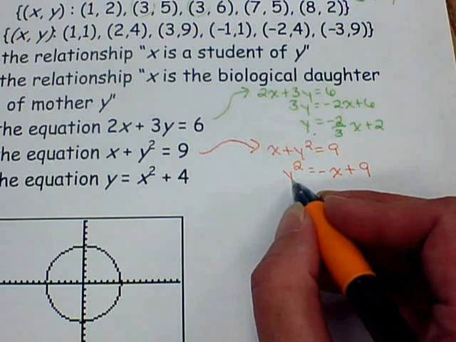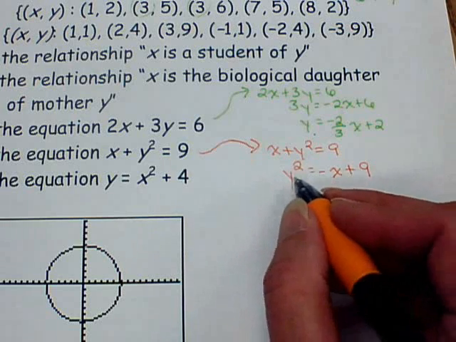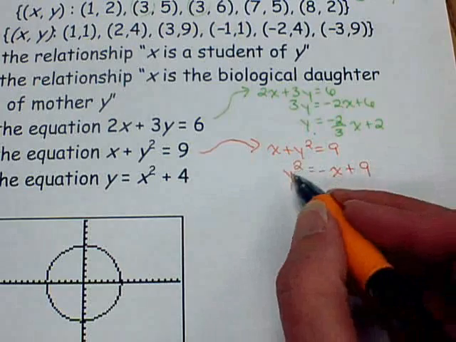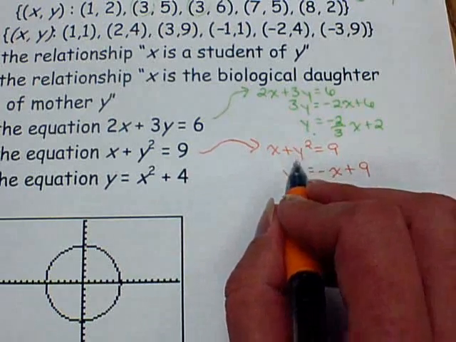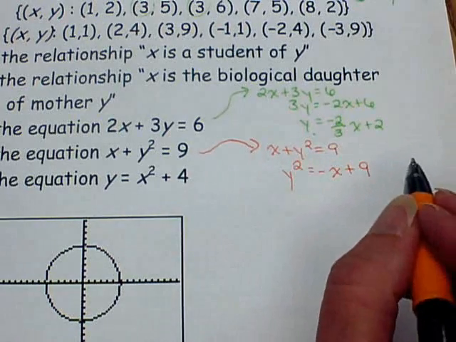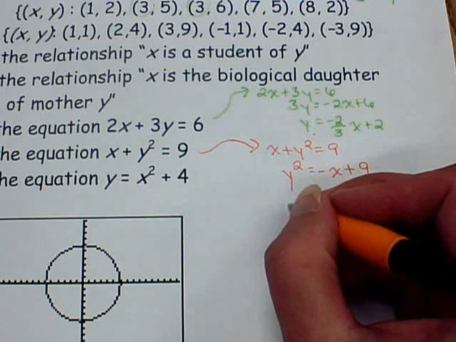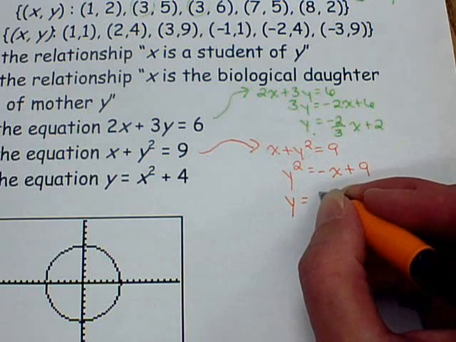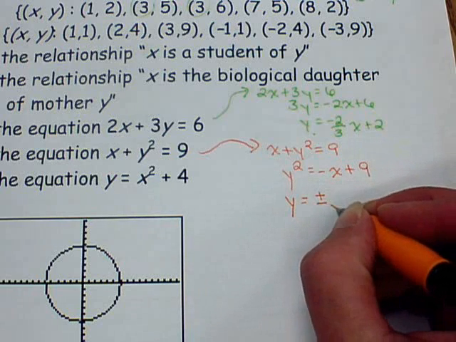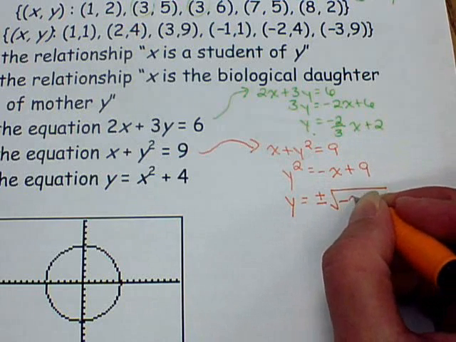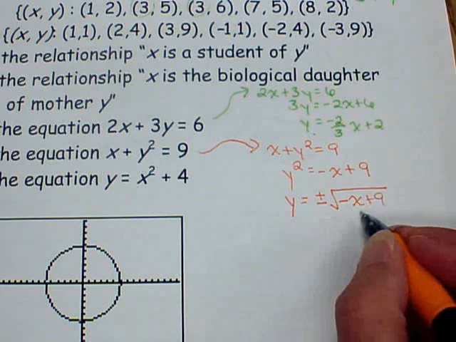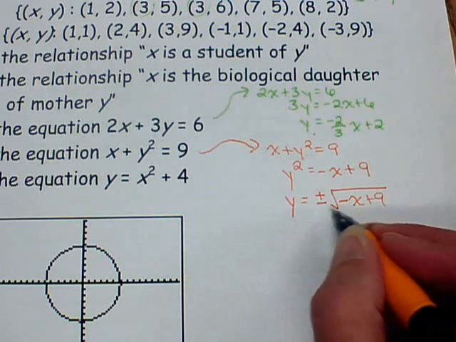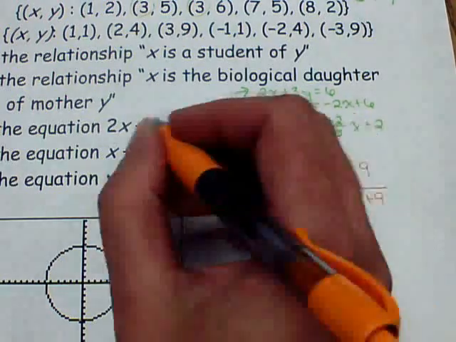Solving for Y, I'm going to move the X over, so Y squared equals negative X plus 9. Uh-oh. I have to take the square root. That Y squared is going to mess me up. To undo something squared, we have to take the square root of both sides. Remember, when you take the square root of both sides of an equation, you have two possibilities. You either have a positive or a negative answer.